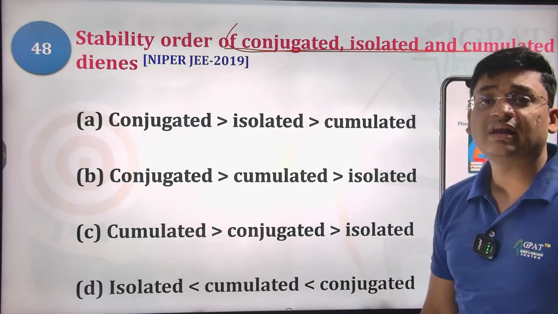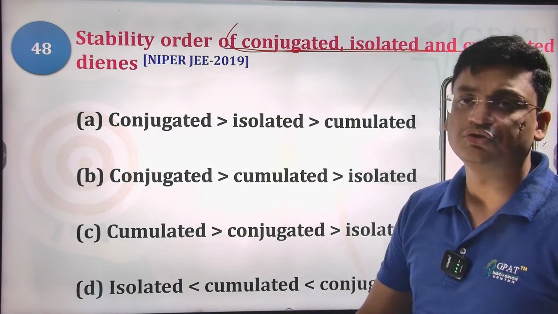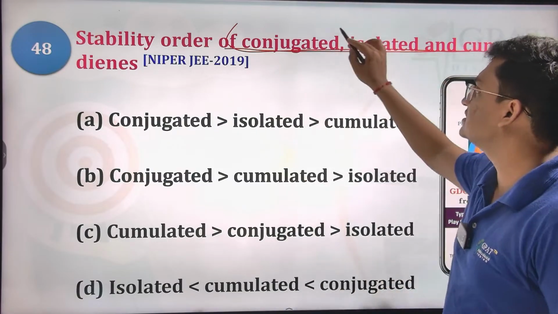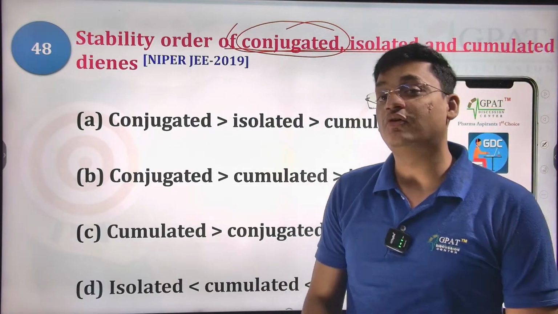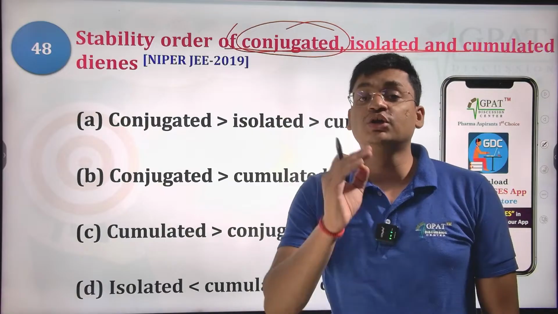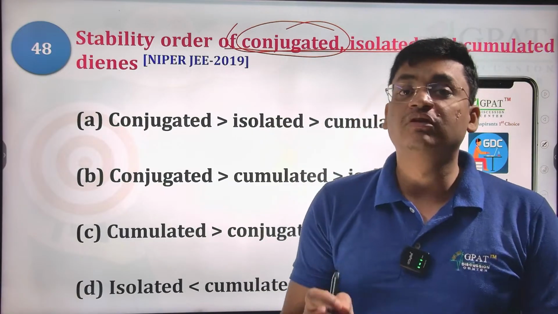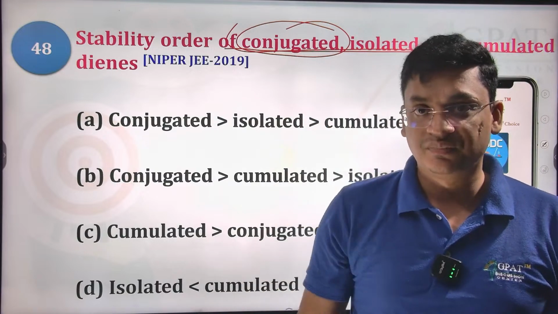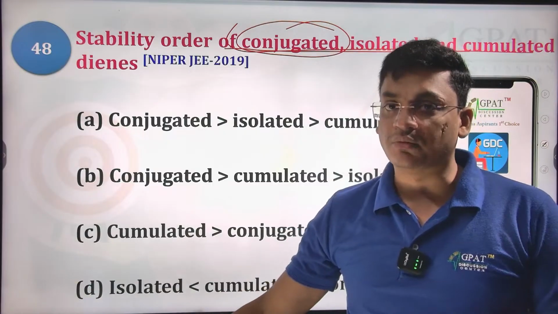And cumulative, that is just adjacent positions of the pi bonds, the 2 pi bonds just adjacent to each other. So the stability is that the conjugated alkene will have the highest stability, followed by the isolated one. The cumulative alkenes, also known as allene, will have the least stability due to consecutive pi bond formations.